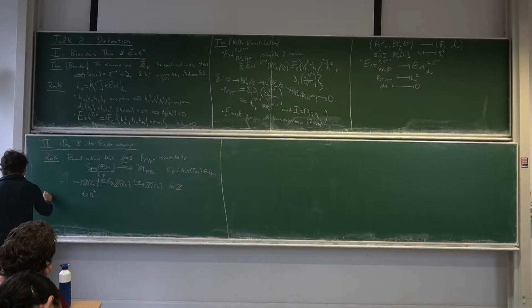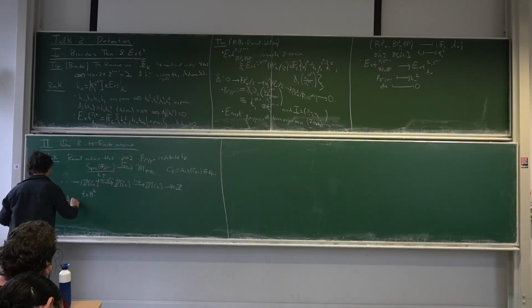Okay, so to get there, we need to open the box a bit about this Morava stabilizer group and p-typical formal group laws. So let me just state some key facts.